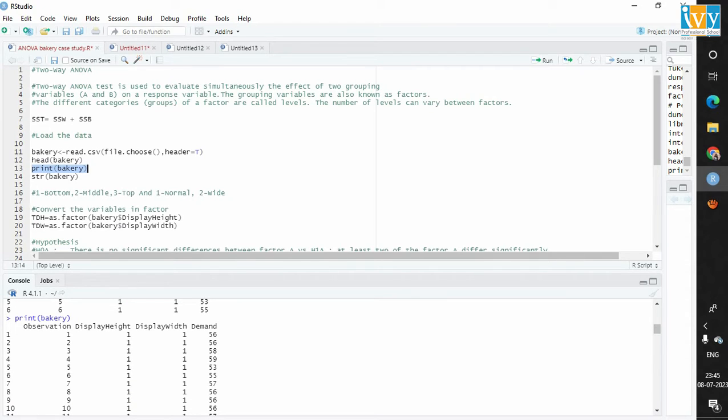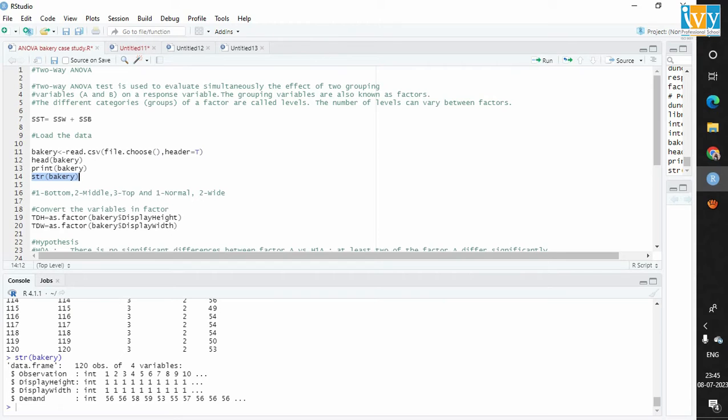And the structure of it: we have a total of 120 observations with 4 variables, and all of the variables here are integers. In this data set we have two factors, the display height, which is DH, and the display width, DW. The levels for DH are bottom, middle and top, 1 being bottom, 2 being middle, 3 being top, and 1 being normal for width and 2 being the wide.